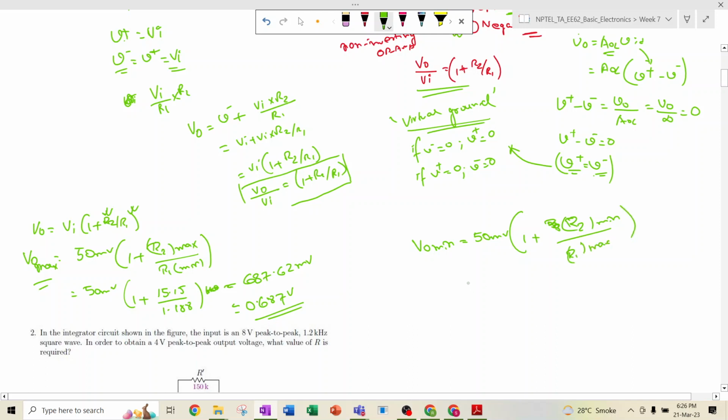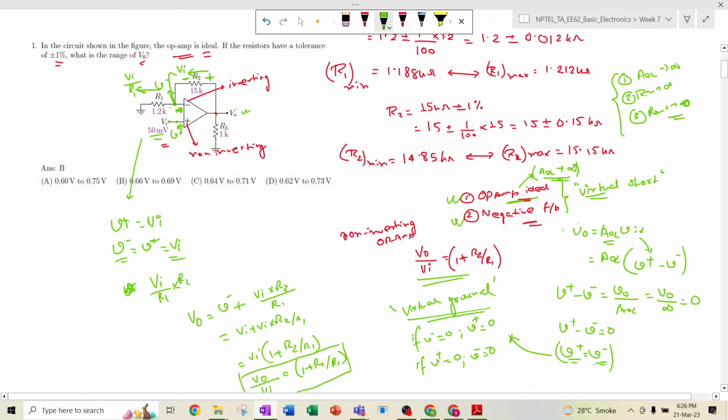So it will be 50 millivolt into 1 plus R2 minimum value, 14.85, divided by the R1 maximum value, which is 1.212.